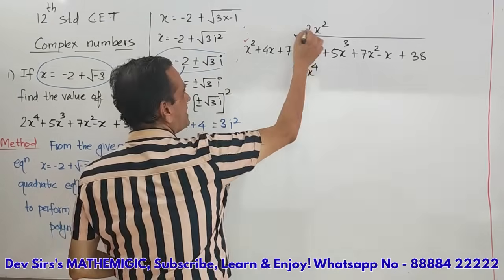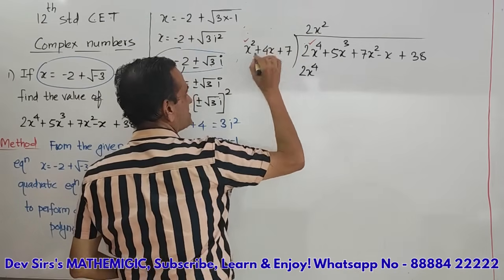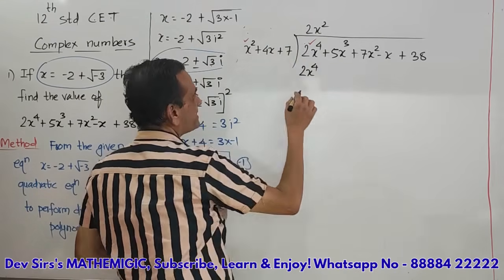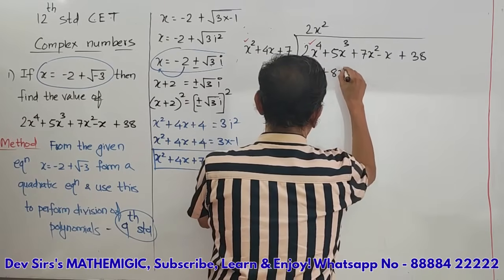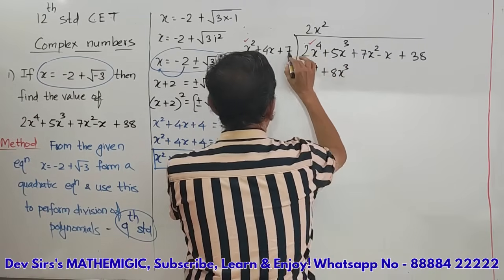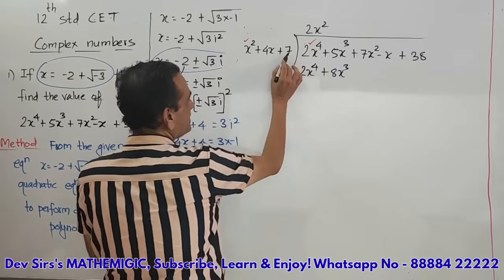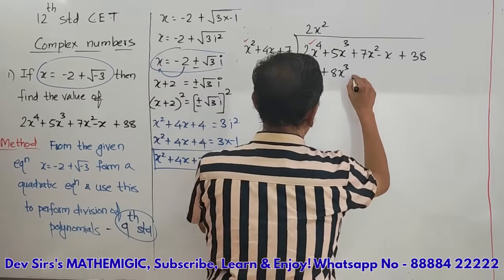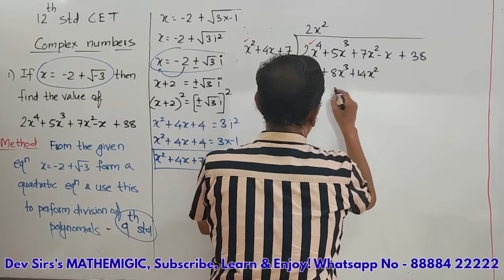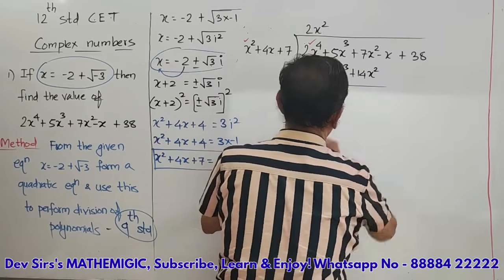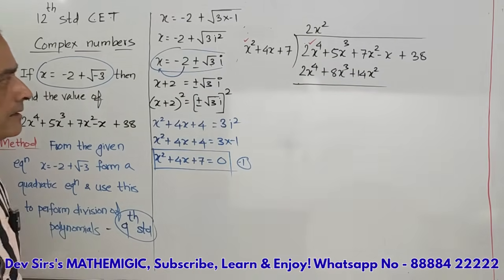After multiplying this by this, you have to multiply this by this. 4 into 2, 8x cube. 7 into 2, then multiply this by this, 14x squared. Okay?